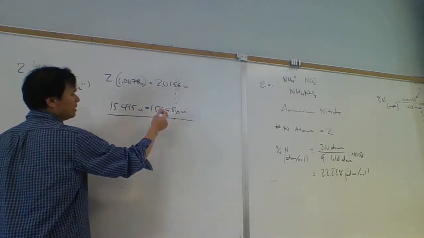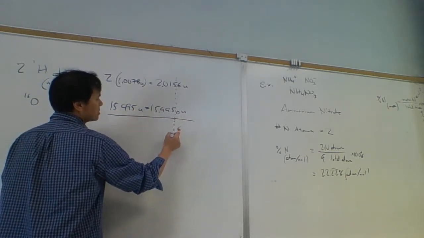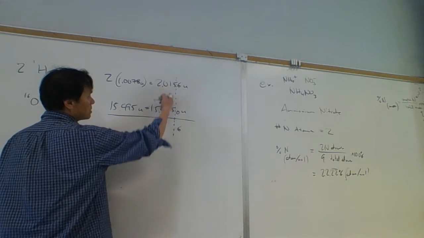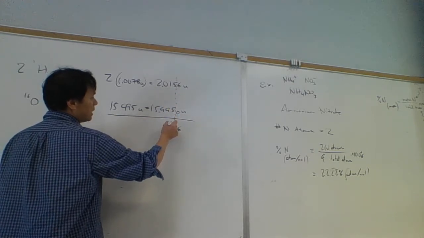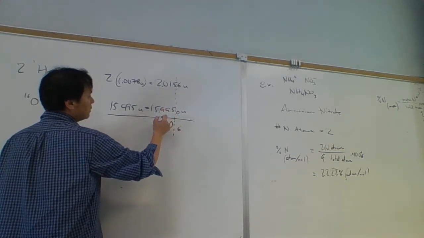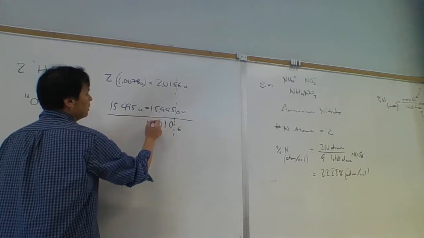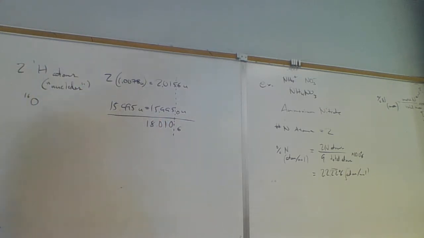So we're allowed 3 decimal places. This is going to be subscripted because it's not significant. 5 and 5 is 10, 11, 10, 18. So I come up with 18.0106 u. So this has a mass of 18.0106 u.